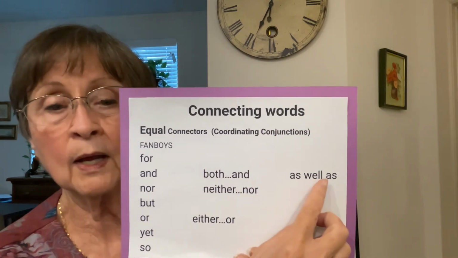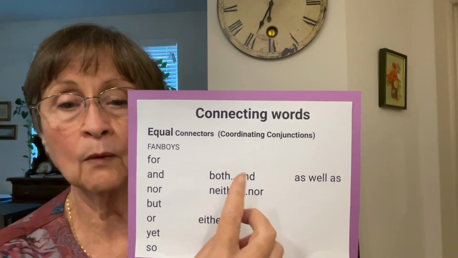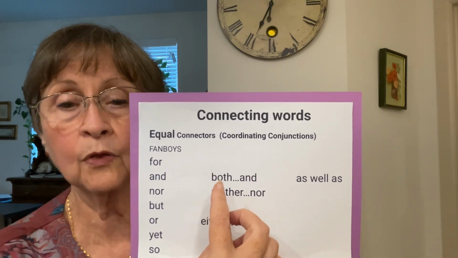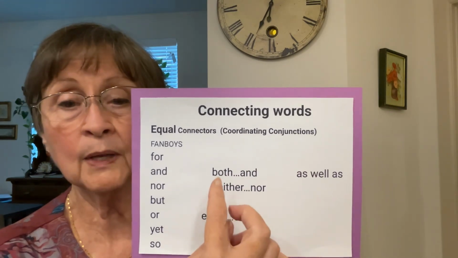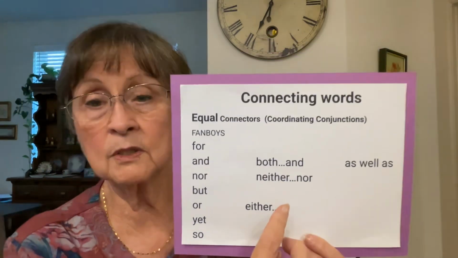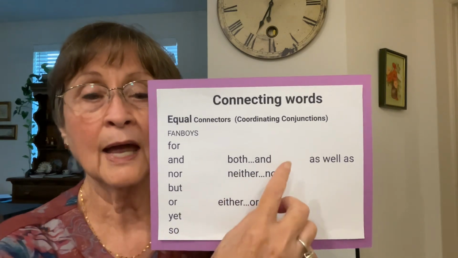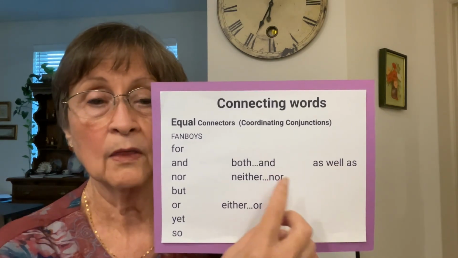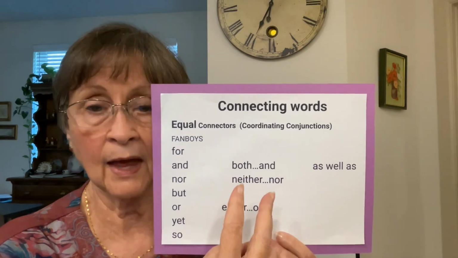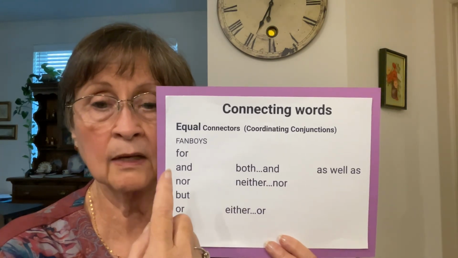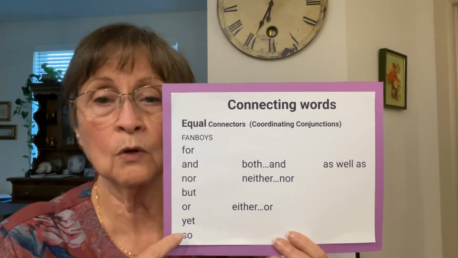Sometimes we use as well as a substitute for and, but I would not put it in a both this as well as that. Some people are doing that. I hear it sometimes on the television, but it is technically just as well as, this as well as that, or both this and that, or this and that. Okay, so these are the equal connectors.